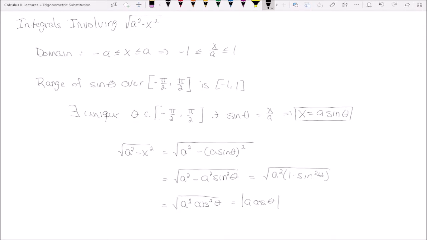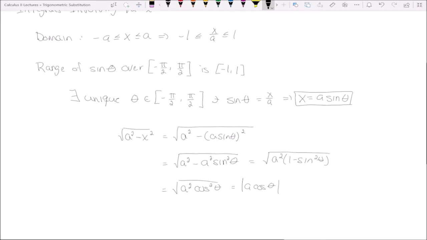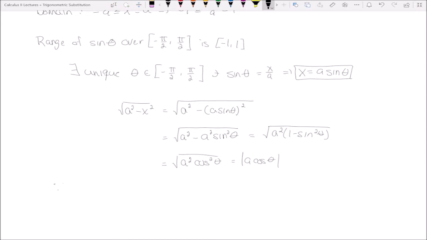So we have the absolute value of a times the cosine of theta. Well, we assume that a is positive, right? That's a safe assumption. So a is greater than 0. And notice that cosine of theta is greater than 0 over the interval negative pi over 2 to pi over 2.